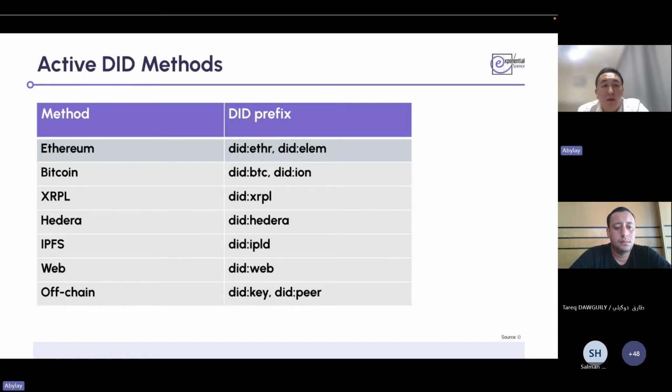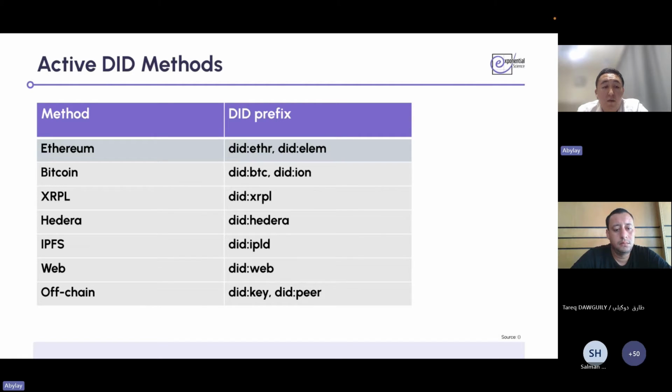So we have many active DID methods. You may think of a DID method as a specification for each blockchain or system, describing how these operations should work. For example, for Ethereum we have several DID methods. For Bitcoin, for XRPL, and for Hedera, it's called DID Hedera.